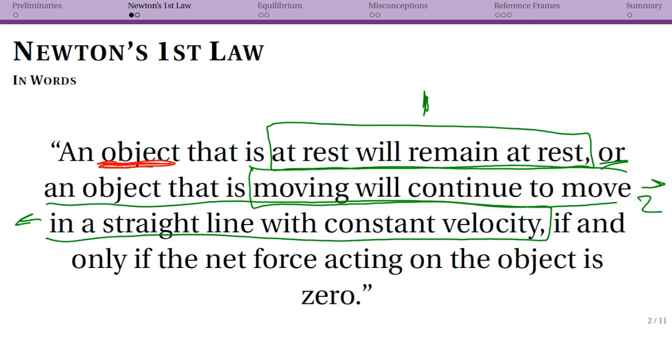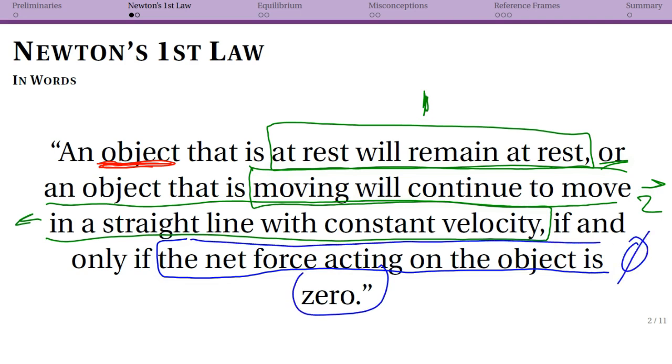So we have an object, and the two conditions we're talking about are that it's at rest, or it's moving in a straight line at constant velocity. And if either of those are true, we know that the net force acting on the object is 0. Big ol' 0.